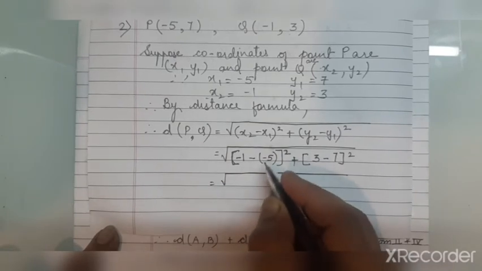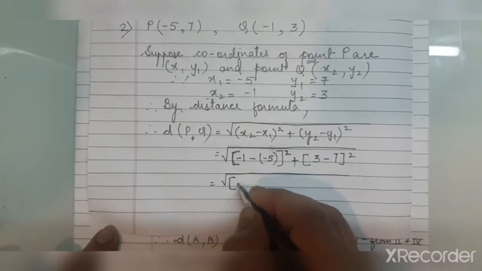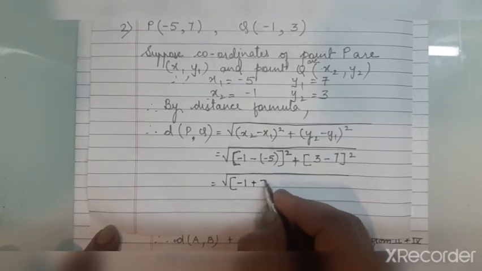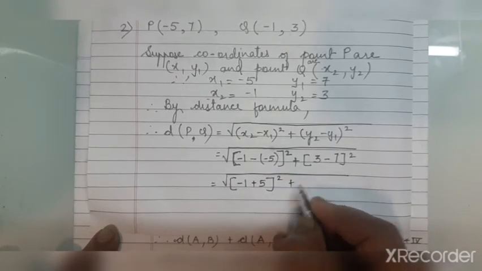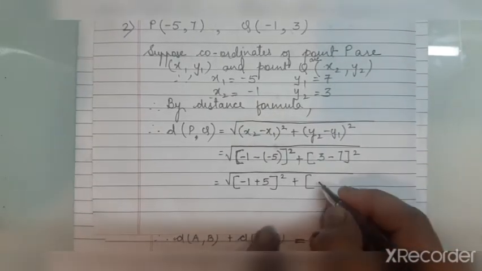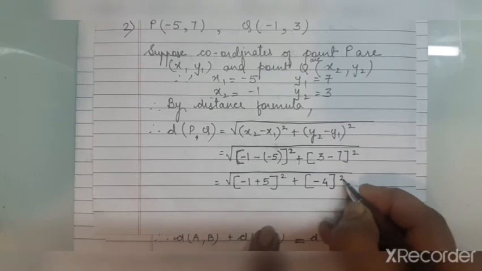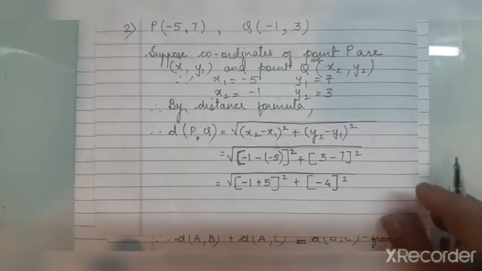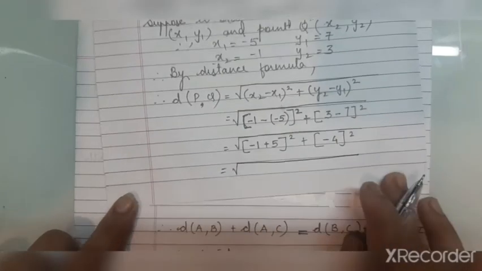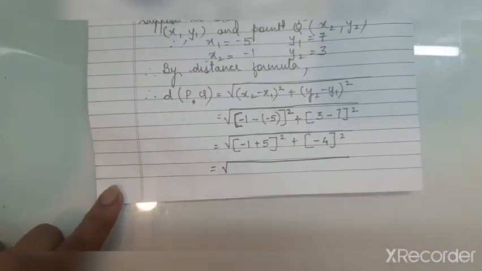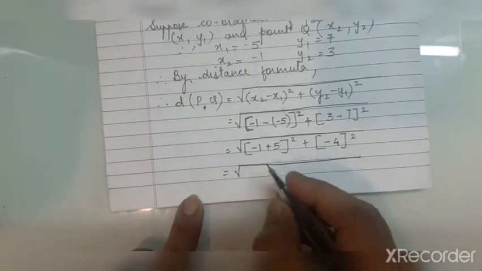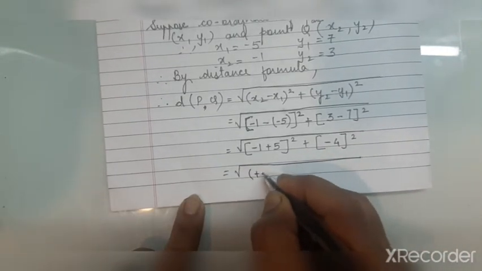Now we need to first solve with the brackets. First the inside bracket. So -1, let it be. Minus into minus is plus. We can solve this. 3 minus 7 is -4. Okay, these are simple integers. Here again integers, -1 plus 5 is +4.